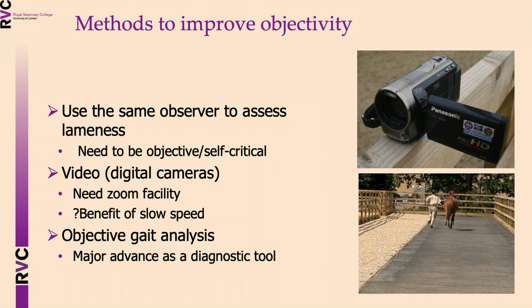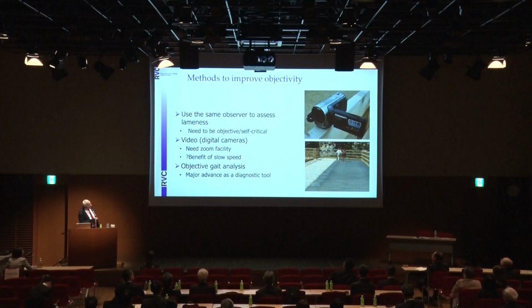In my opinion, phone cameras do not suffice for this. It is better to have a video camera that has the ability to zoom so you can keep the horse full size in the screen, even when it is far away. Some people also say that the video allows you to slow it down.